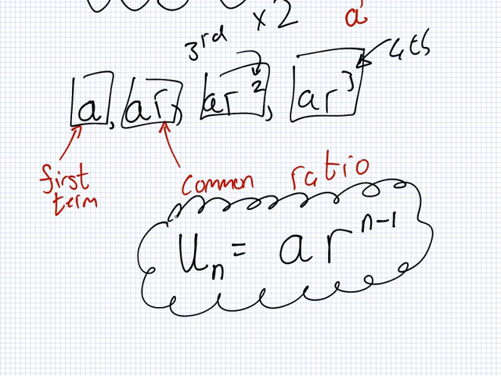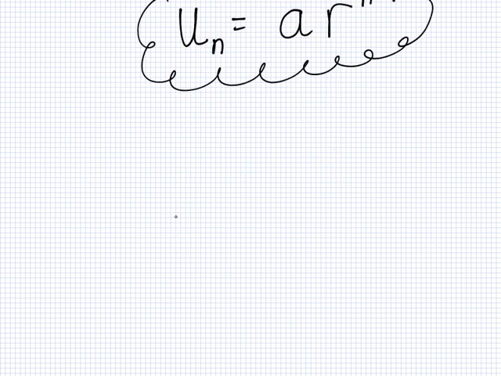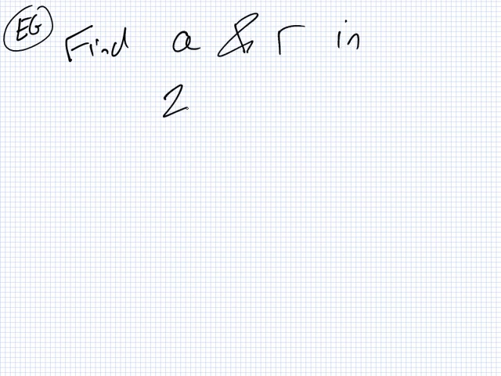Okay. Yep, got that? Yes, you have that? Okay. So first example, find a and r in 2, 6, 18, etc. Alright, so I think we can see what's the first term here? 2.